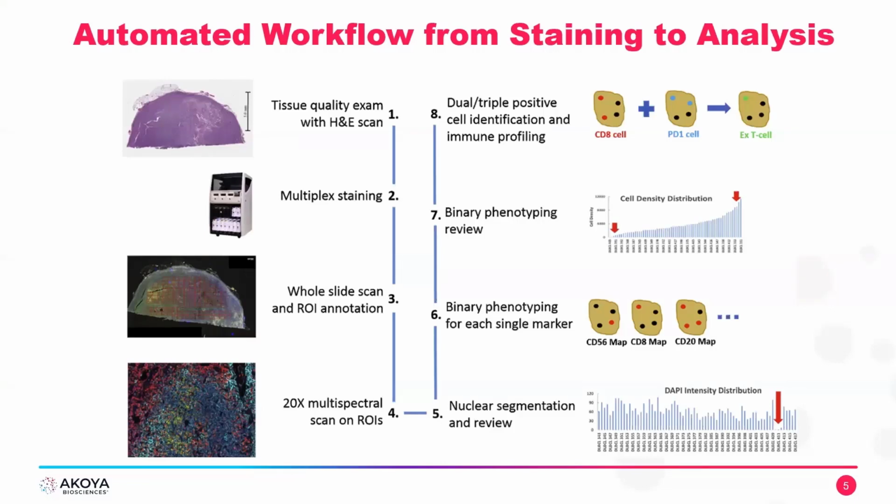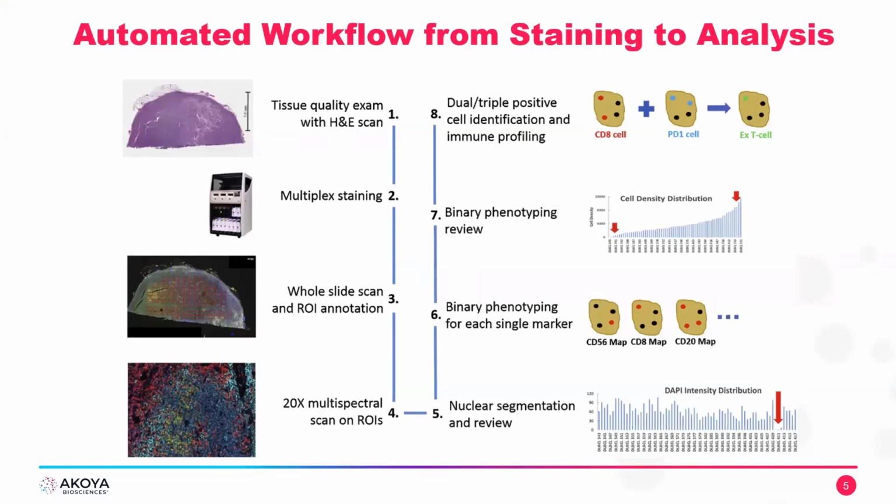After that, there was a cell segmentation, so image analysis going on. And after that, using the inForm software to do cell segmentation, they used MATLAB for continuous analysis here for looking for double and triple positivity of cells.